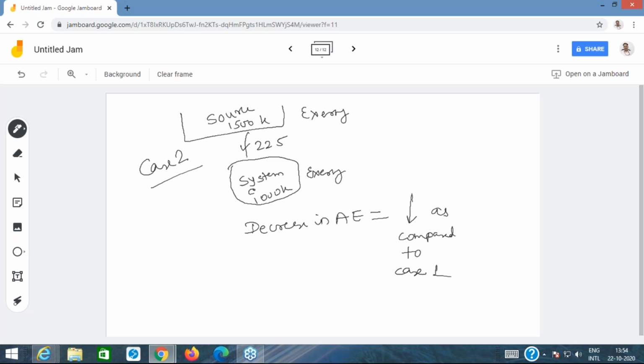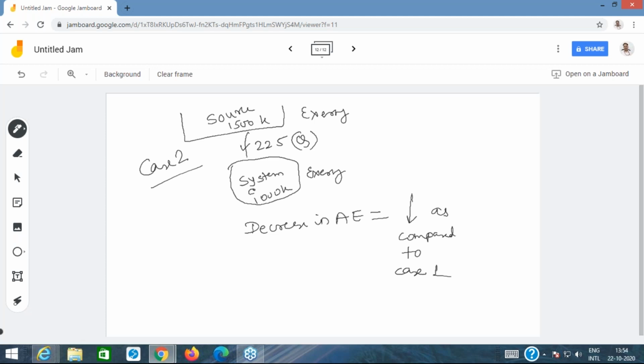If you look at this, there is no heat loss, the heat transfer is same. So why would that happen? That would happen because you are decreasing the irreversibility. We are decreasing the irreversibility.